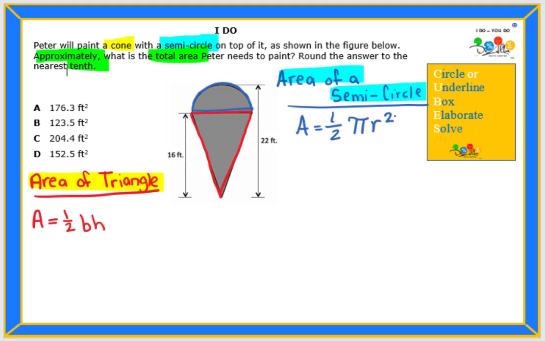I can see that they've given me some heights, but I don't have the base of the triangle, which would also be the diameter of this semicircle. So that's where we're going to have to begin. Let's imagine this circle.